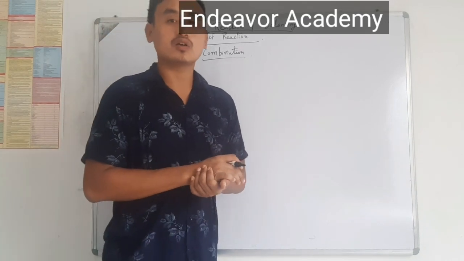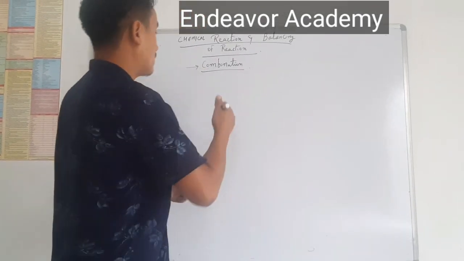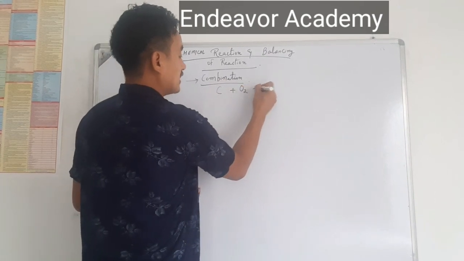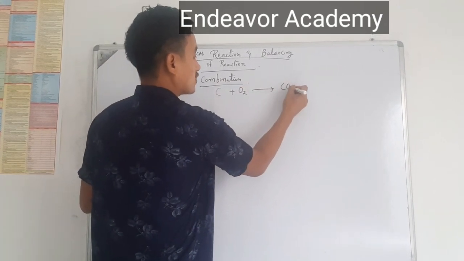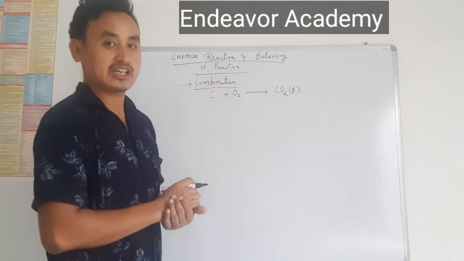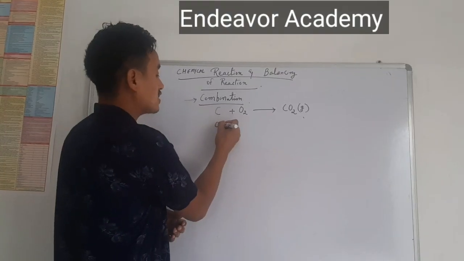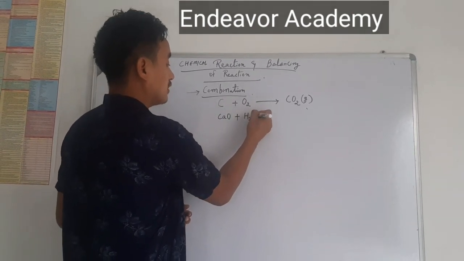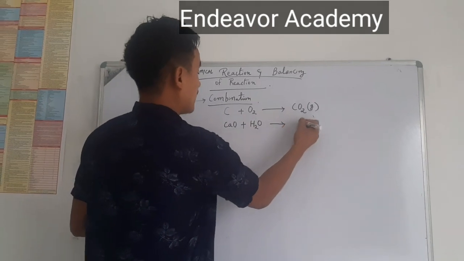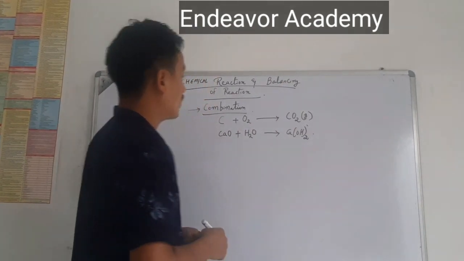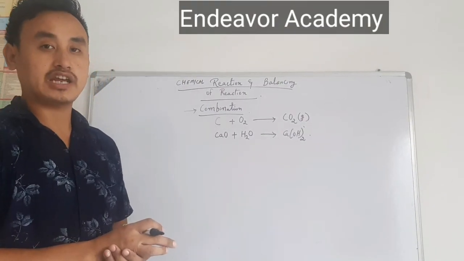For example, carbon plus oxygen giving carbon dioxide is a combination reaction. Also, when calcium oxide is mixed with water, we get calcium hydroxide. This is also a combination reaction.